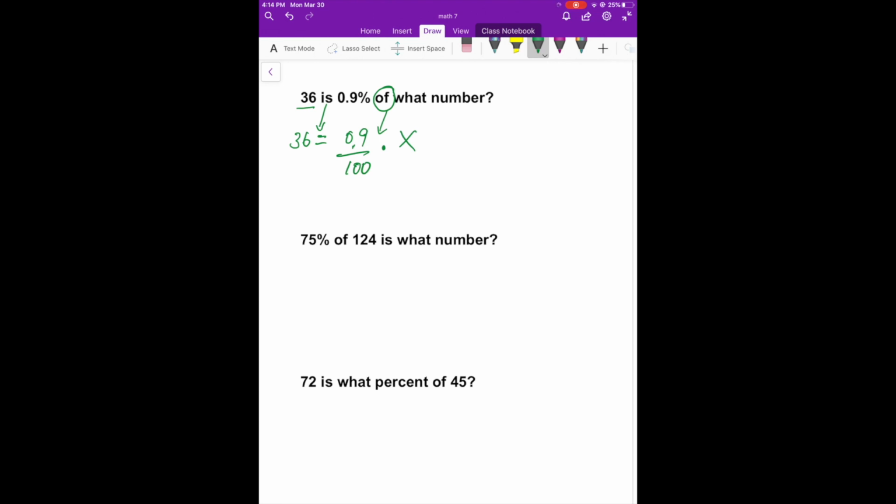So 36 is equal to 0.9 over 100 times x. So how do I find x? To find x, I would divide both sides by this quantity.